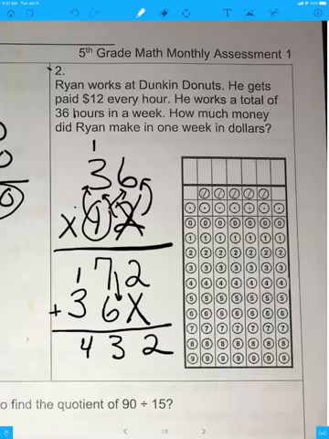Another thing you can get wrong on these tests is you've got to bubble these in. 4, 3, 2. These are bubbled standardized tests. So if you come down here and you get the answer right, but then you bubble in 4, 3, and 3, it's going to mark it wrong. If you don't bubble it in all the way, it's going to mark it wrong.